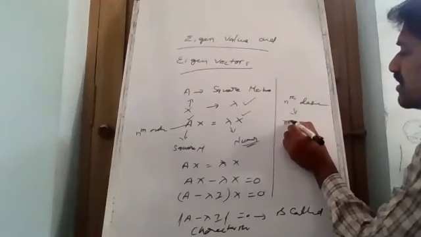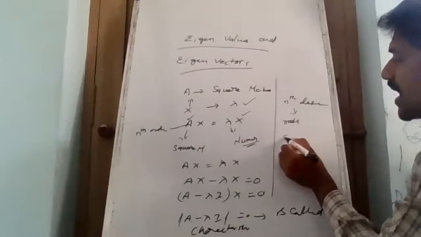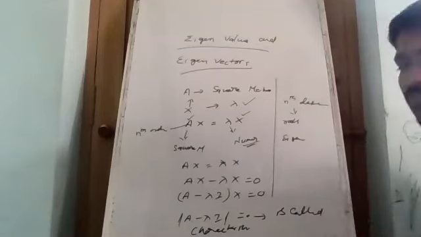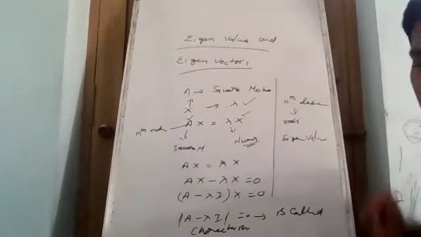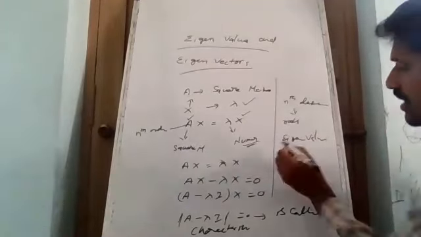The roots of this nth degree equation are called eigenvalues. Let the eigenvalues be lambda 1, lambda 2, and so on, lambda n. For each eigenvalue, we can find an eigenvector.